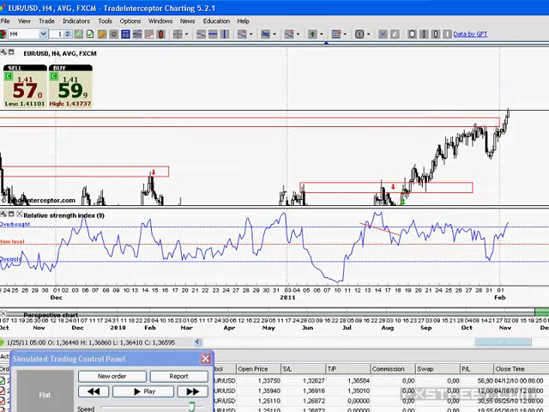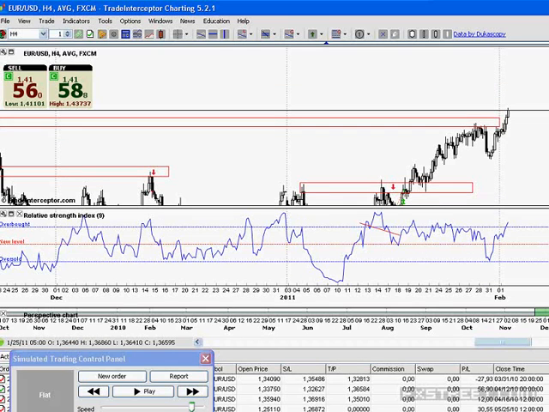And the idea was initially not to teach a strategy in itself, but to show you how we deal with confluences of technical arguments.